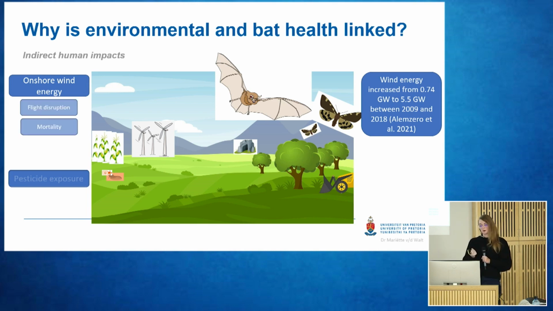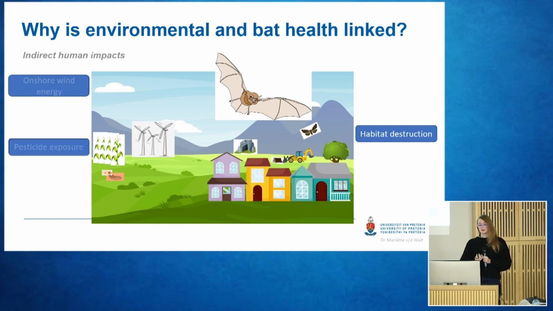And these wind energy facilities cause flight disruption in bats because they like using linear landscape features to navigate, and these things popping up in the middle of their flight path disrupts them. It also causes direct mortality, where bats fly close to the blades and they don't actually always get hit by the blades, but the change in air pressure close to these windmills causes something similar to diver's disease, where it causes the bat's lungs to burst, so it causes instant mortality.